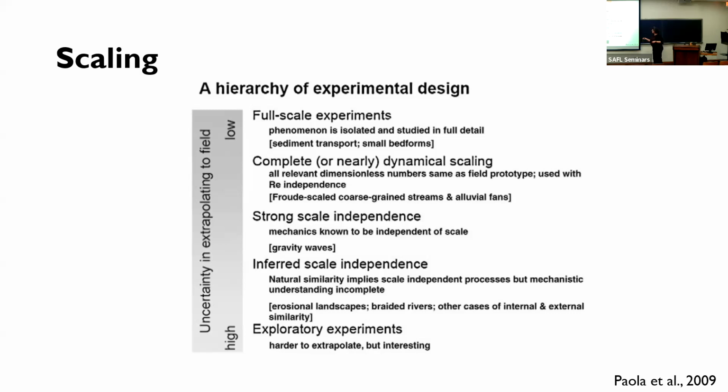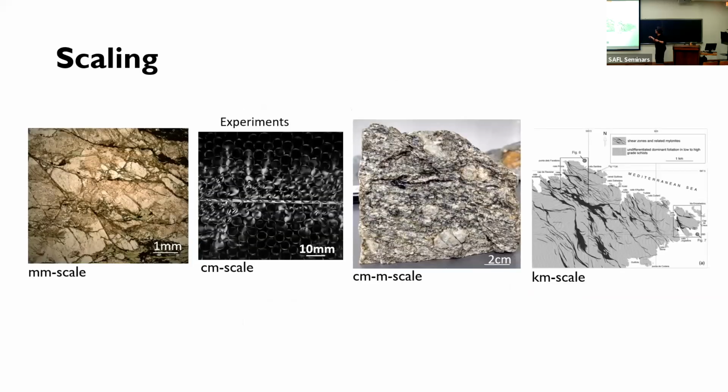The other extreme would be just exploratory experiments. These are fun. You just run a bunch and you see what happens. Very hard to extrapolate. Now, our experiments fall into this category here, which is called inferred scale independence. Why is that the case? When we look at our very first slide of semi-brittle deformation, from the micro scale all the way up to the kilometer scale, our experiments would fall within this range.